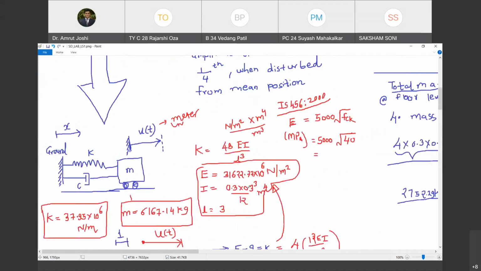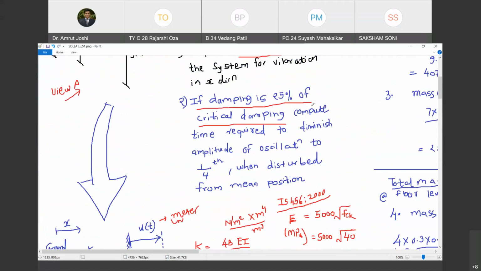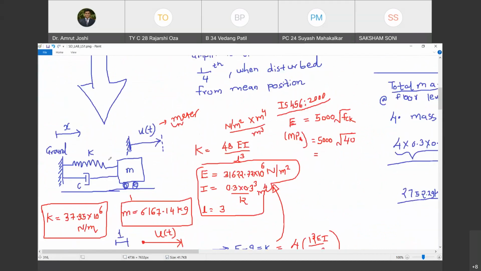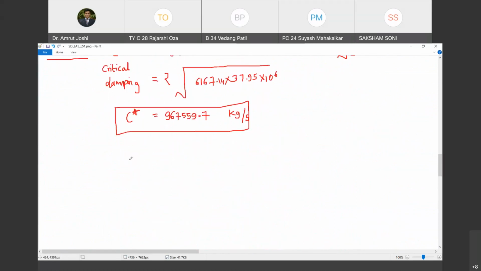And what is given in the second problem? We have damping equal to 25% of the critical damping. So therefore parameter C here is going to be equal to 25%, that is 25 by 100 of C star. So it is 25 by 100 multiplied by 967,559.7. So tell me how much is that?